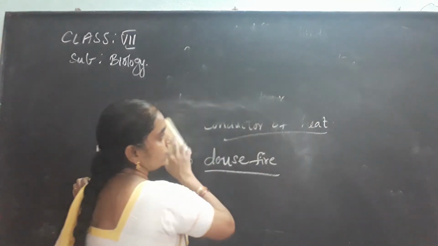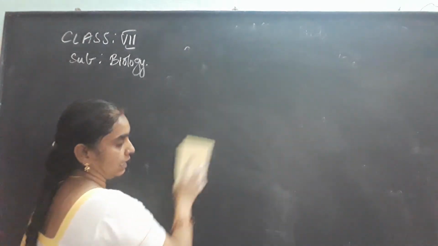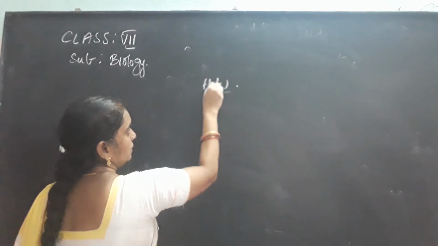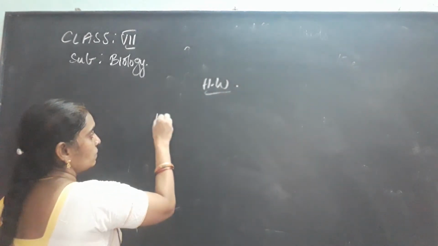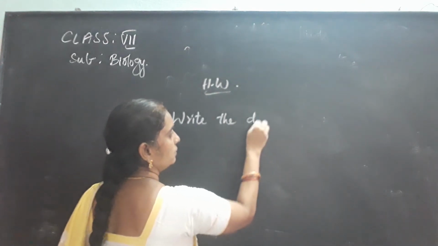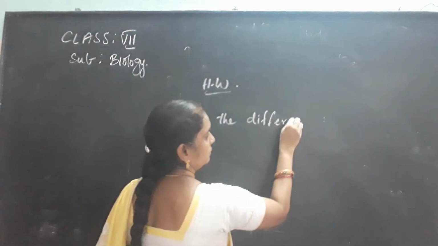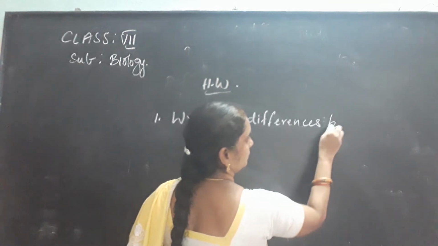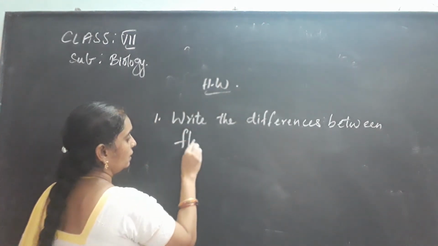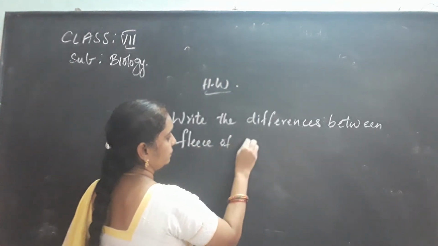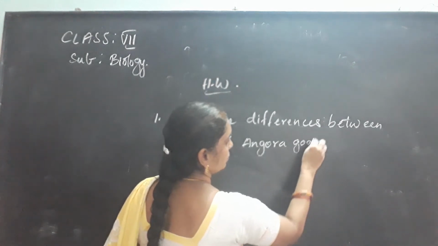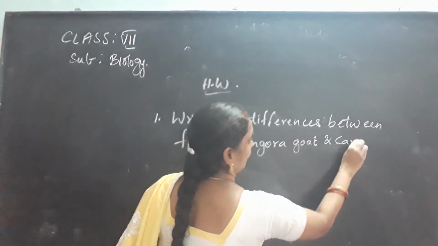Now you try to write the question answers that I give you as homework for today. Today's homework: the first question, write the differences between the fleece of Angora goat and camel.